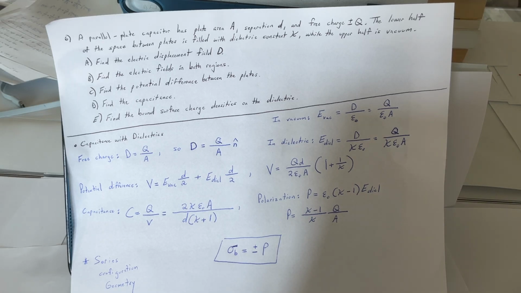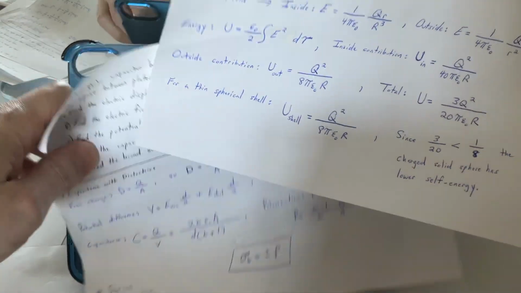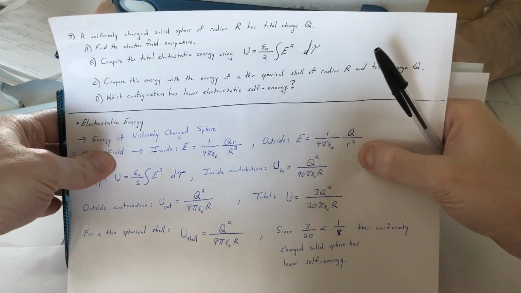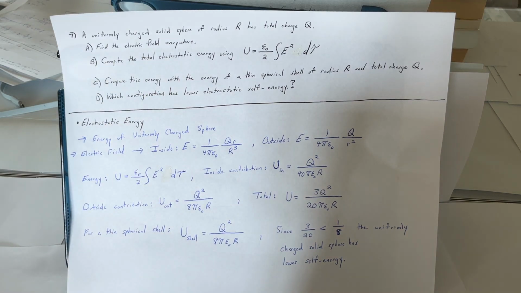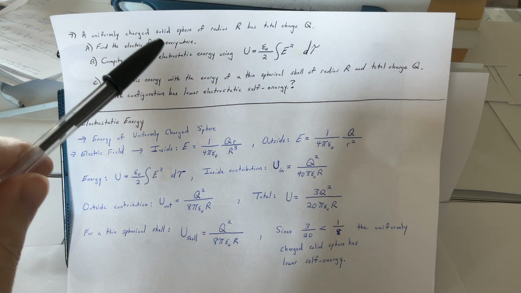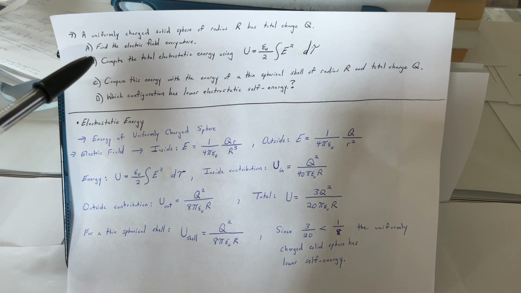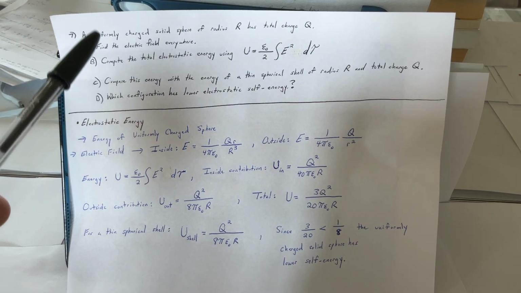Okay, moving along to number 7. A uniformly charged solid sphere of radius capital R has total charge Q. Find the electric field everywhere.